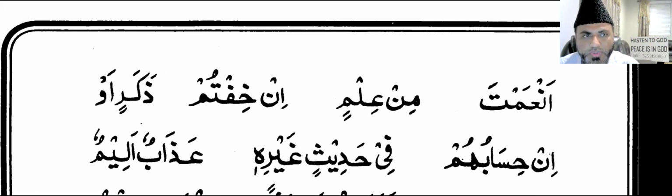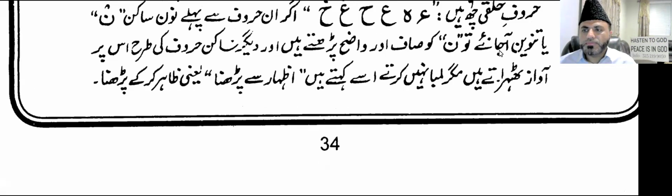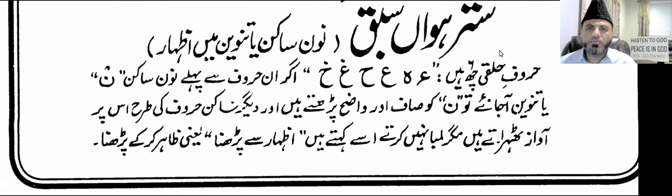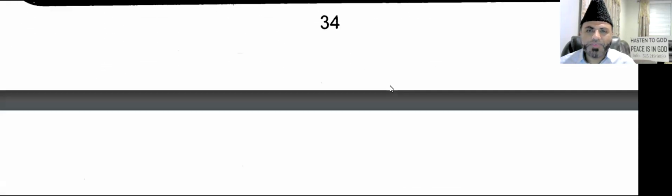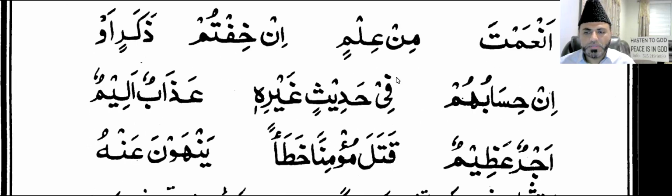Yesterday we learned about izhar, and the rule of izhar is that if noon sakin or noon tanween is followed by any one of these 6 letters, hamza, ha, ain, ha, ghain, kha, then the sound of noon will be very clear, complete, clear, and manifest.